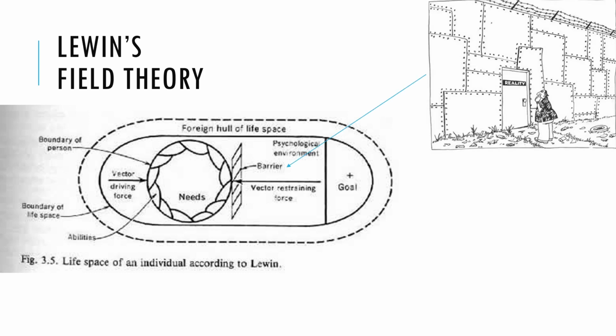All right, well, hopefully I described that picture well enough. I found a cartoon that illustrates the barrier issue. We've got this giant barrier, and should I open the door to reality?